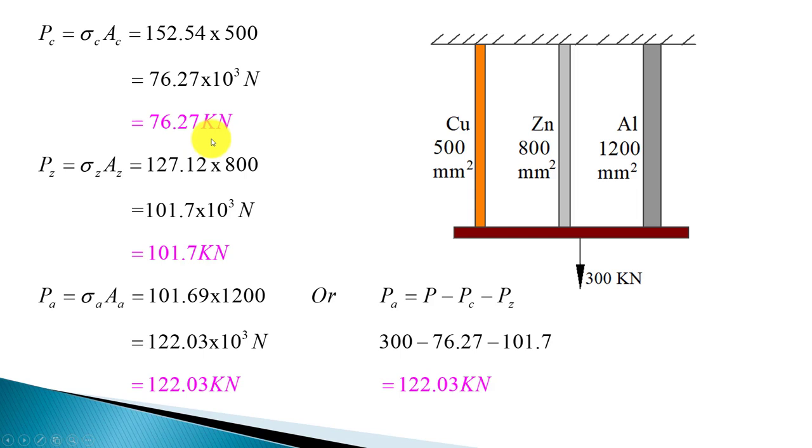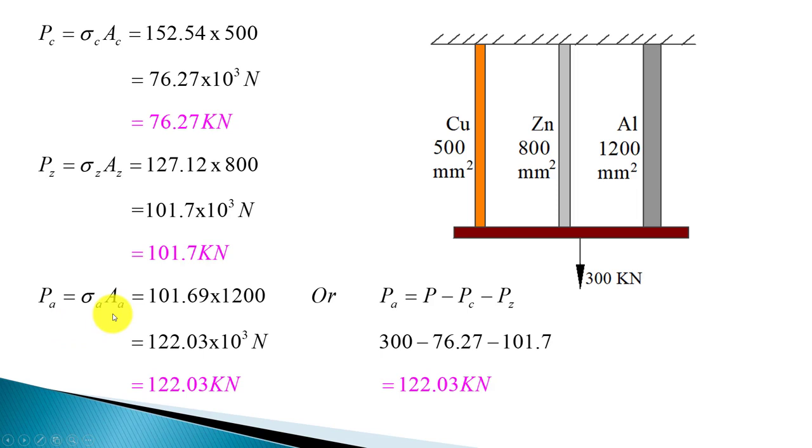And also the load taken by zinc is sigma Z AZ. Sigma Z is 127.12 into the area 800, which will give 101.7 into 10 raised to 3 Newton, or 101.7 kilonewton.